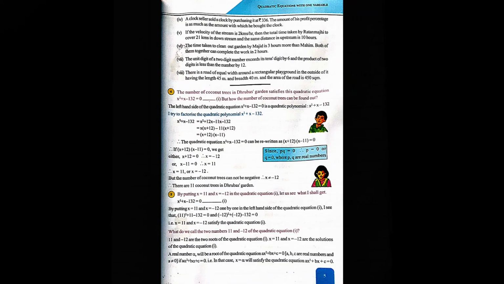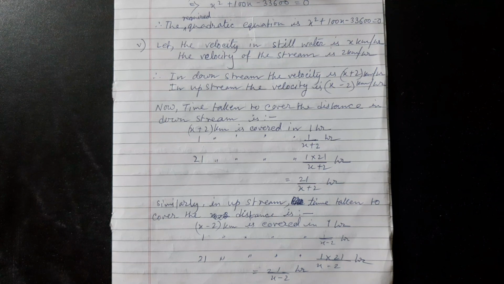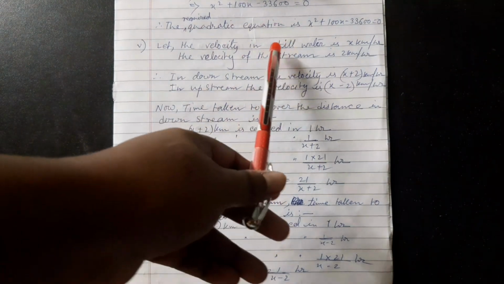If the velocity of the stream is 2 km per hour, then the total time taken by Ratan Majhi to cover 21 kilometers in downstream and the same distance in upstream is 10 hours. So, first we have to assume the velocity of the still water.